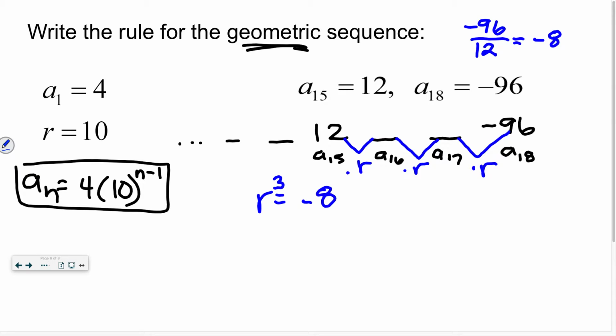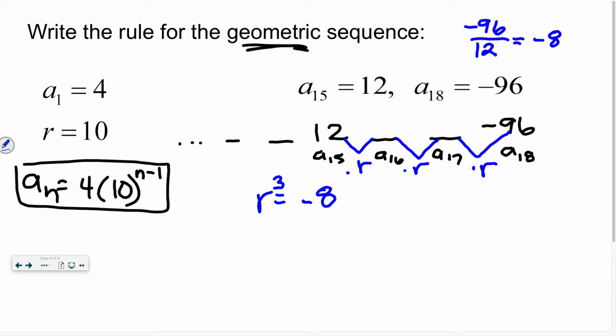And so for some of us not knowing exactly what to do, I like the way we set it up right there, and then Luke said, however many terms there are in between, take that root. So if you multiplied by R 5 times, take the 5th root. If you multiplied by R 10 times in between the two terms I gave you, take the 10th root.